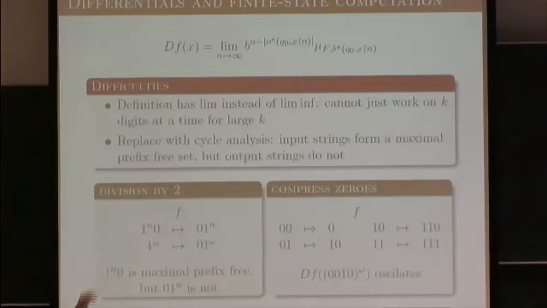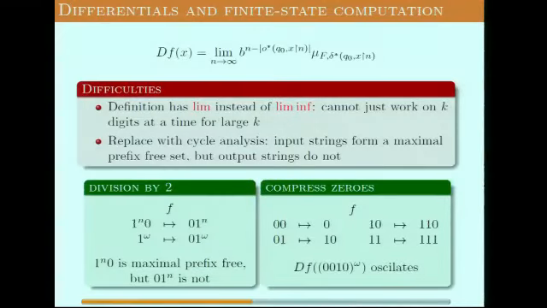So let me let you know some of the difficulties to work with this kind of definition. The first thing is that previous work with finite state things related to normality always used superior limit or inferior limit to define compressibility, and that's bad in some cases, but it has some good properties.